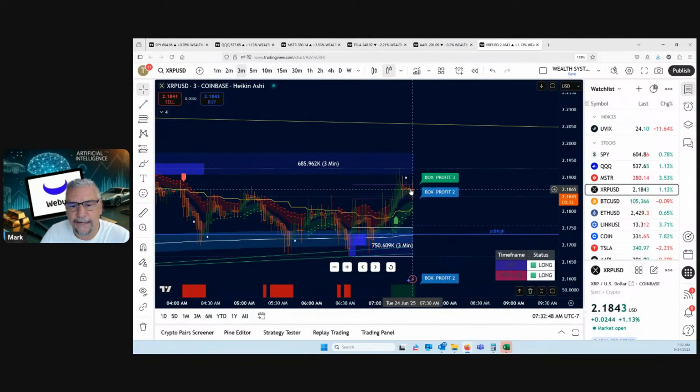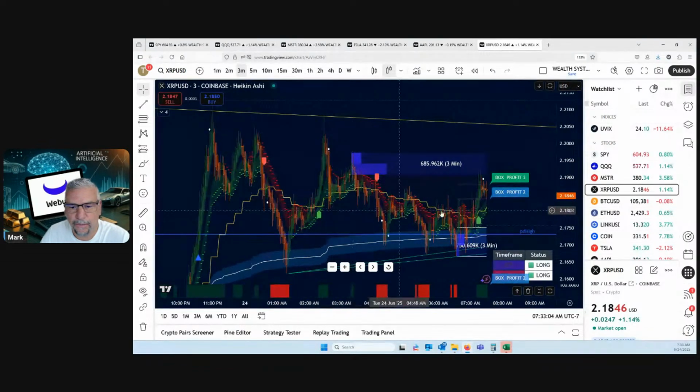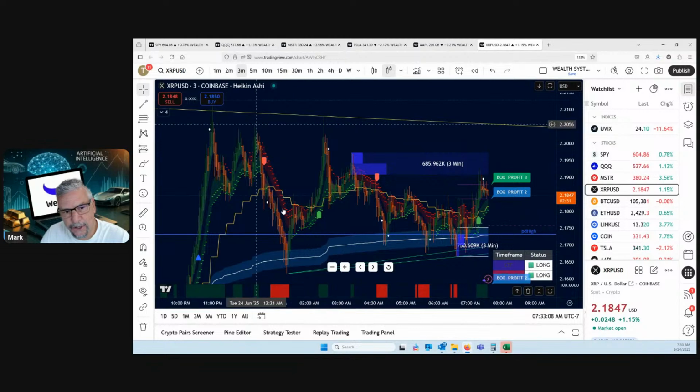We may come back and retest maybe the 218, 217 level, but we're not going to stay there long. It's just going to be a strong retest, maybe to about the 218, maybe the 217.5. But you can see there's just so much support at this level. We got definitely some consolidation going on here.